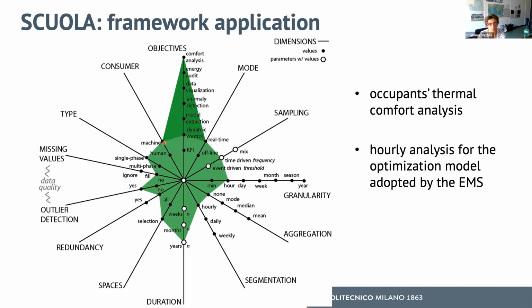A machine was going to use the data collected. That's because we have algorithms that actually aggregate and use the information. So that makes a difference with respect to a human person in front of a screen that has to take decisions, and so on and so forth. So this is the main setup.